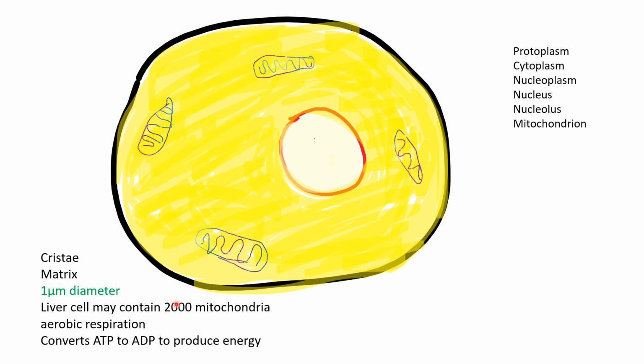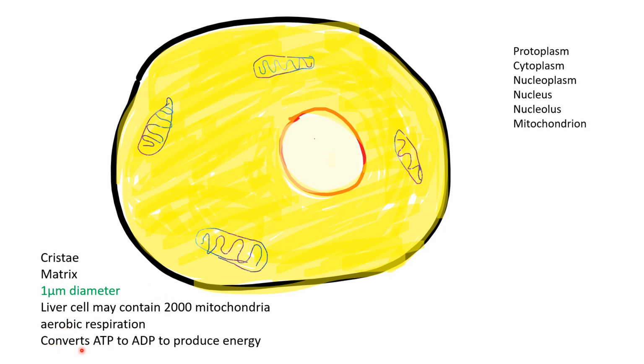The more you use your muscles for exercise, the more mitochondria your muscles are going to produce. Liver cells, for example, have a lot of mitochondria, around 2000, because a lot of work is going on inside the liver. How does it produce energy?